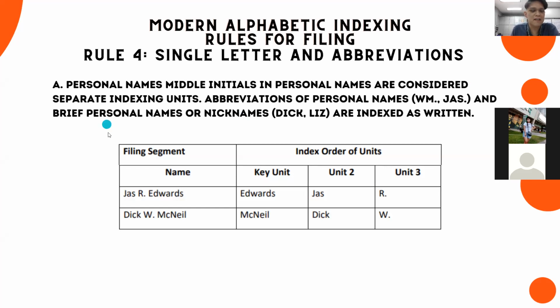Here we have the filing segment. The names are Just Edwards and Dick W. McNeil. The key unit is Edwards because that is the surname. The second unit is the first name and the third unit is the initial. Single letter abbreviation, those are what we use.